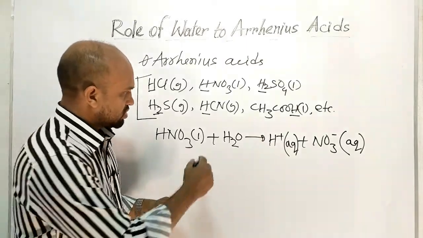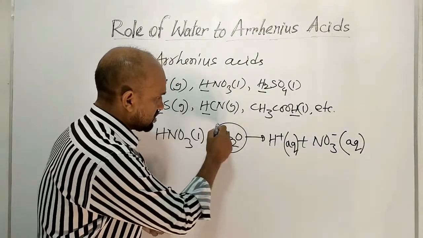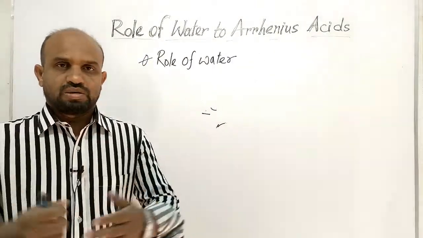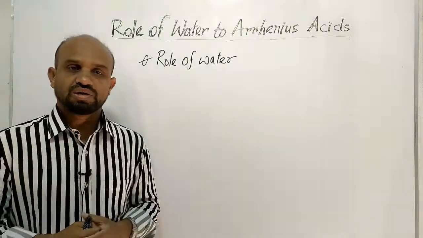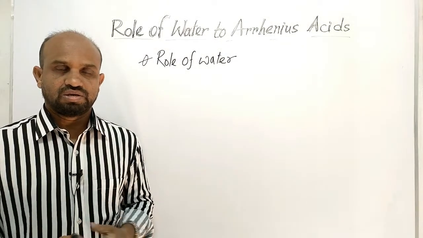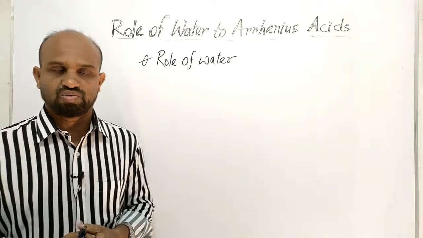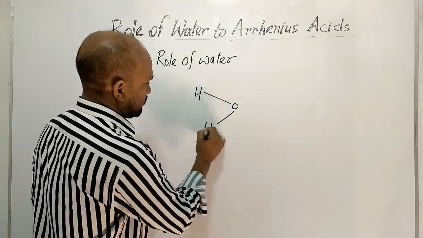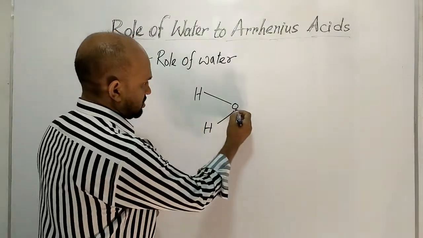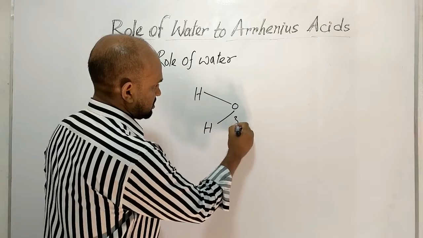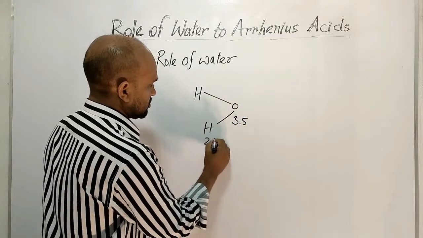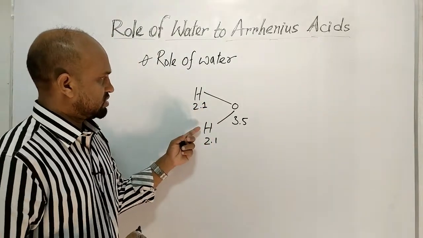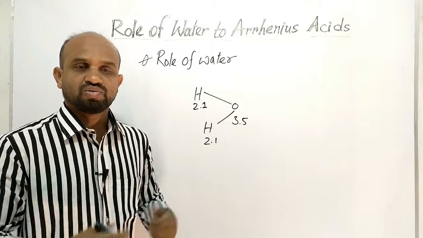Now we will learn what is the function of water towards Arrhenius acids. Now the point is the role of water towards Arrhenius acids. First of all, let's see the polarity in water. This is the structural formula of water. Here oxygen's electronegativity is 3.5, hydrogen 2.1. So the electronegativity difference between hydrogen and oxygen is quite high.